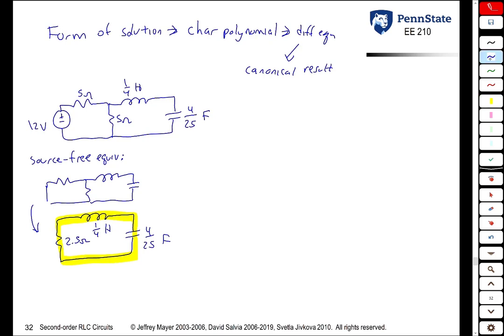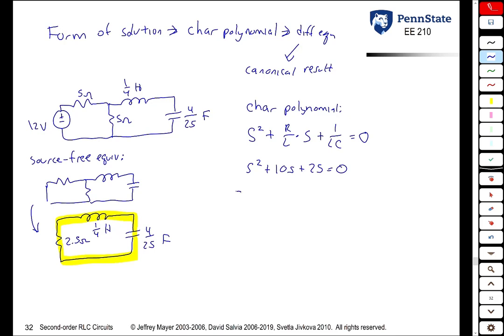And by doing that, we can immediately read off the characteristic polynomial. Characteristic polynomial is what? S squared plus R over L times S plus 1 over LC is equal to 0, or S squared plus 10S plus 25 is equal to 0.